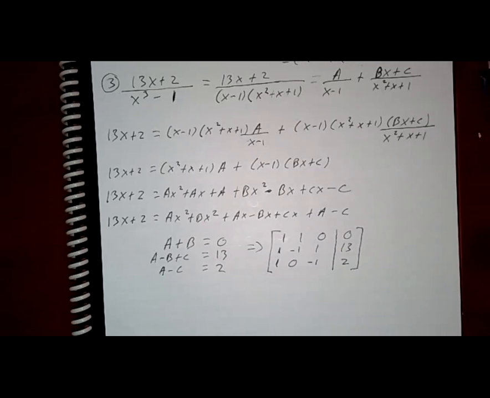That is a 3x4 matrix. So that is 1, 1, 0, 0, 1, -1, 1, 13, 1, 0, -1, 2.